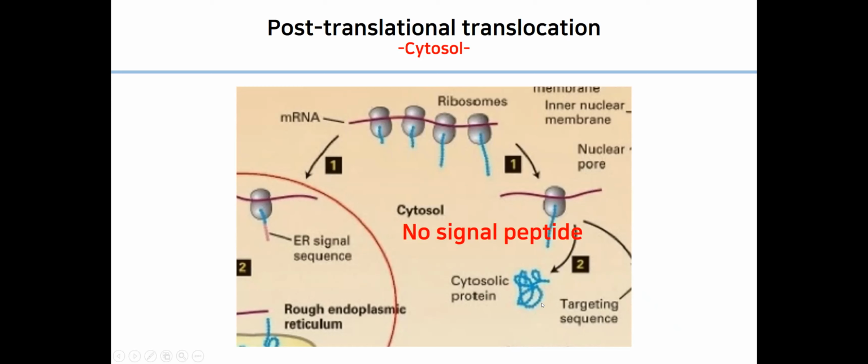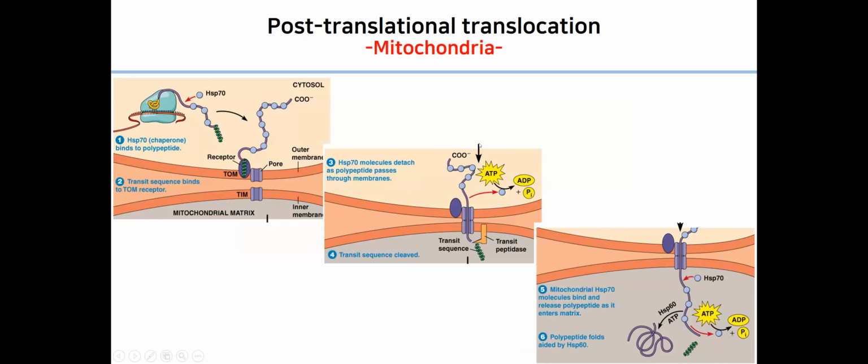However, if they have the right labels, they can be sent to the mitochondria, chloroplast, or nucleus after translation is completed. So the cytosol protein pathway is simple. This one is kind of complex.